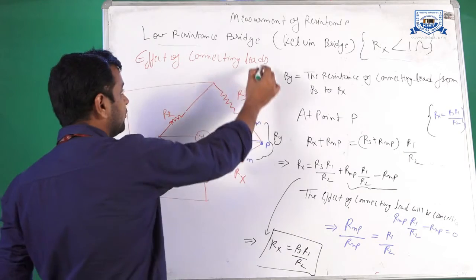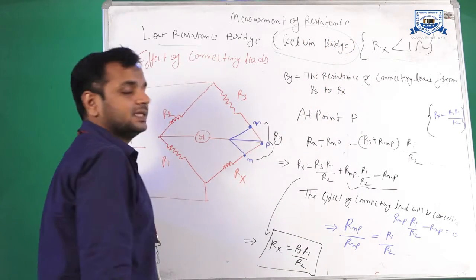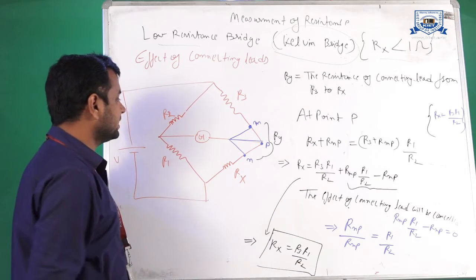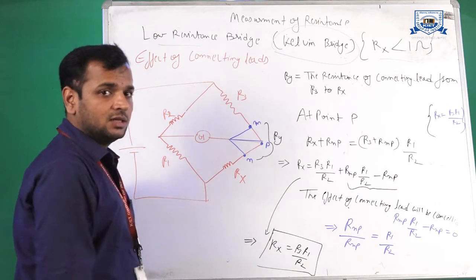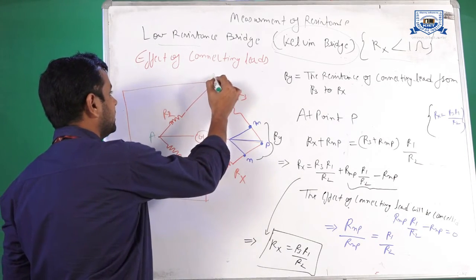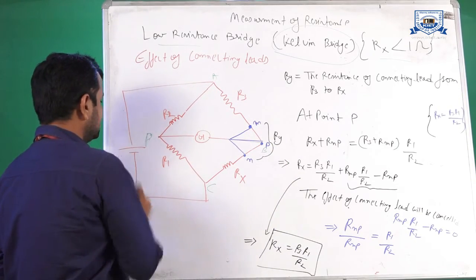So first is the Kelvin bridge. A Kelvin bridge is used for measuring the value of low resistance. We have modified the bridge circuitry that we saw earlier. These are the points A, B, C, D, and this is the voltage supply.